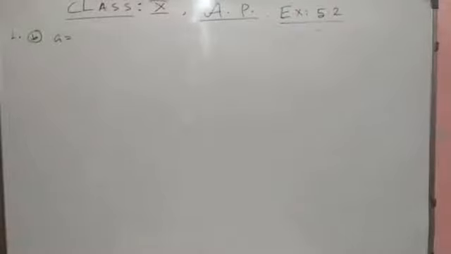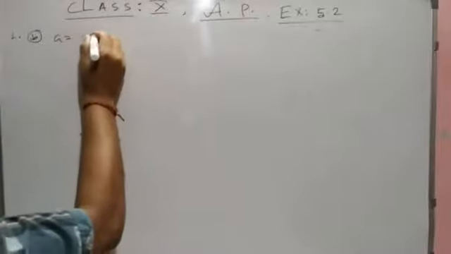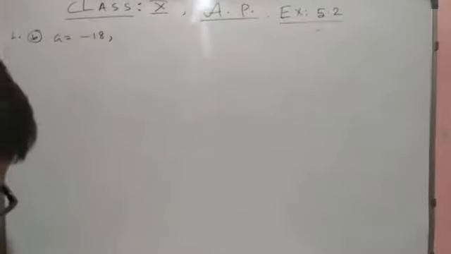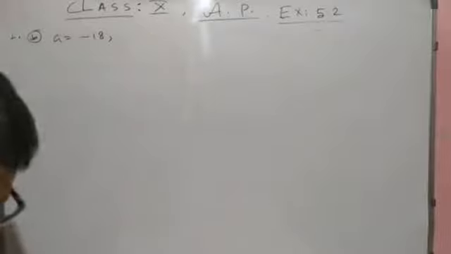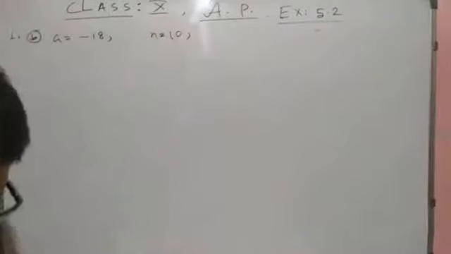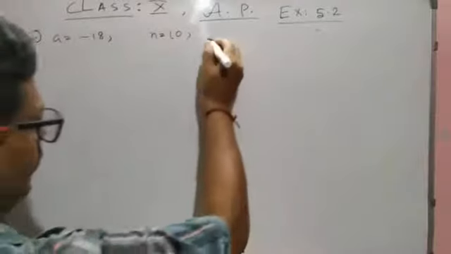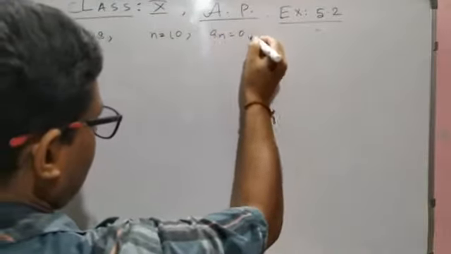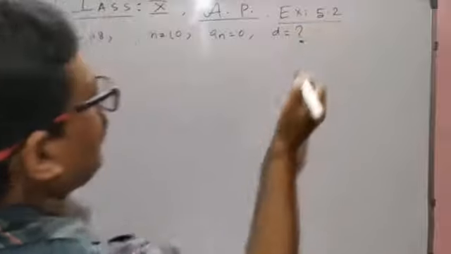Okay, now you see question number 1B. Here A equal to minus 18, N equal to 10, An equal to 0, and we need to find the common difference.